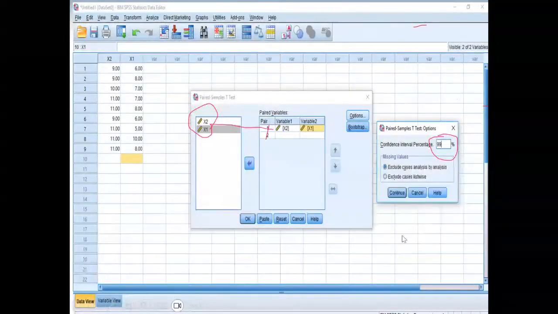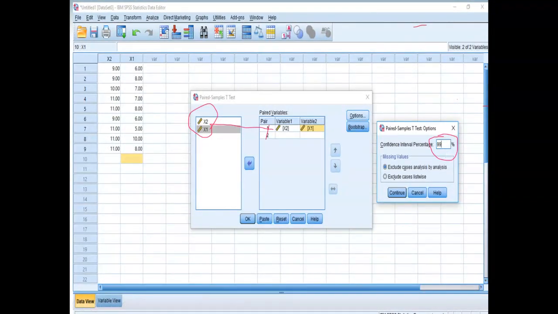Okay, it's better. Then click on option, and then you'll see that by default, the critical confidence interval is 95%.